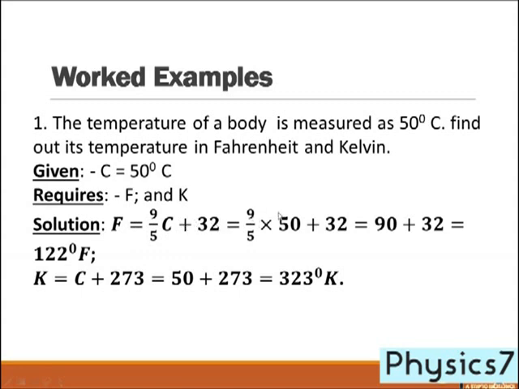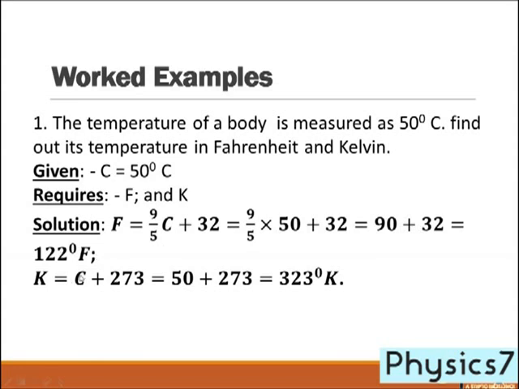And if we substitute in the values for the temperature in Celsius, which is 50, into the expression, we get that the temperature in Fahrenheit is equal to 9 over 5 times 50 plus 32, and that will give us a value for the temperature in Fahrenheit of 122 degrees Fahrenheit.